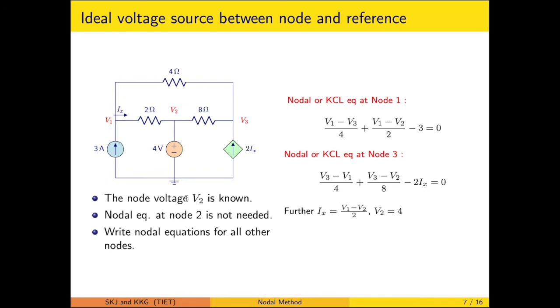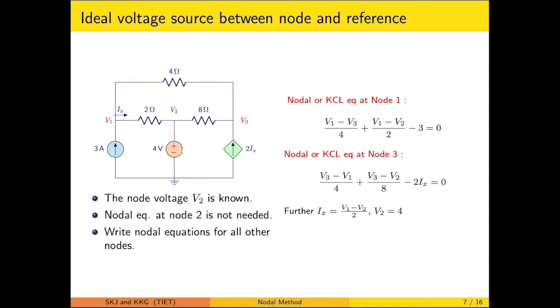So after the recap, we are simply considering all 4 cases one by one. Here, the ideal voltage source between a node and a reference. Let's say V2 has a direct voltage which is specified.